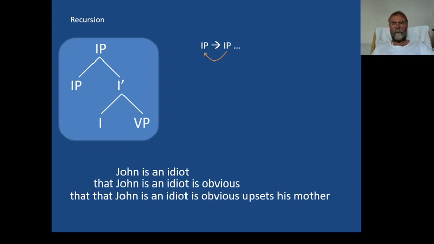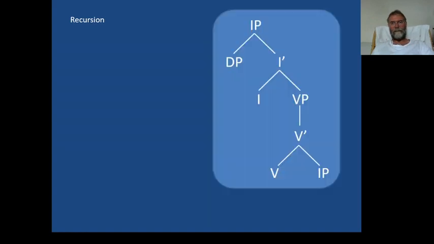However, there are other instances of recursion which are visible over a set of rules rather than over a single rule. For example, consider this structure. Here we've got a verb phrase headed by a verb which takes an IP as its complement. Verbs can have IP complements, in things like say, John left, Mary said John left.